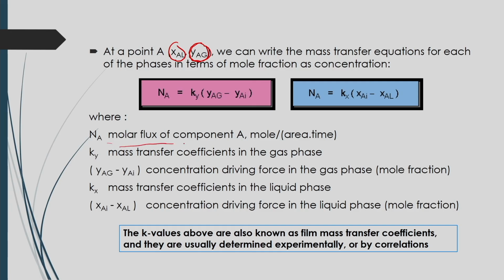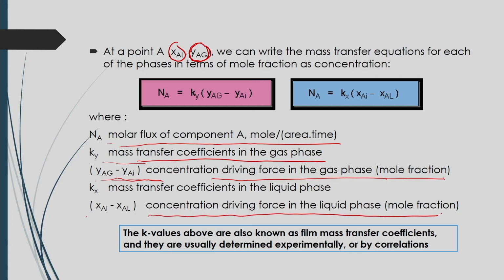Na here is the molar flux of the component A, in moles per unit area per unit time, and Ky is called the mass transfer coefficient. If you are considering the gas phase, it will be Ky. If you are considering the liquid phase, it will be Kx. These are called individual mass transfer coefficients. Yag minus Yai is the mole fraction difference between the bulk concentration and the interface concentration, and this is called the driving force in the gas phase in mole fraction, whereas in the liquid phase it will be Xai minus Xal, the concentration driving force in the liquid phase in terms of mole fraction.